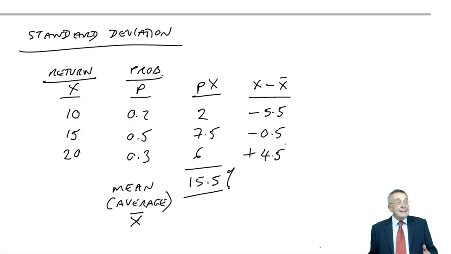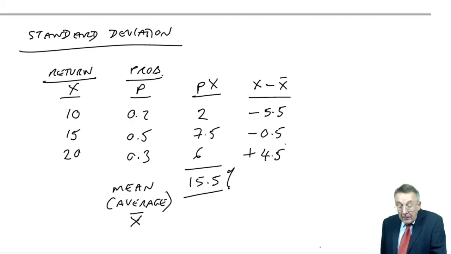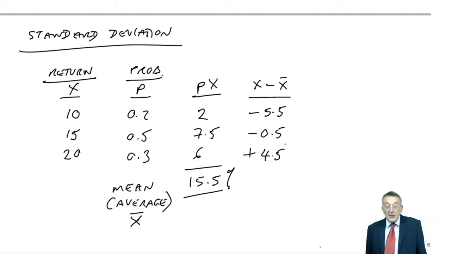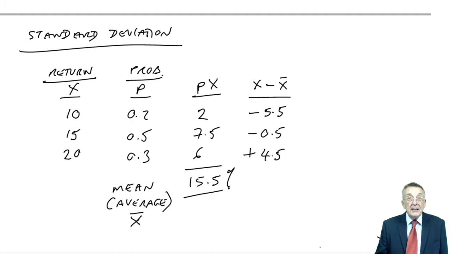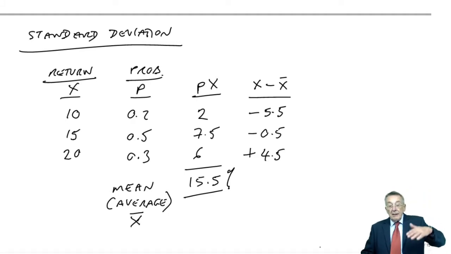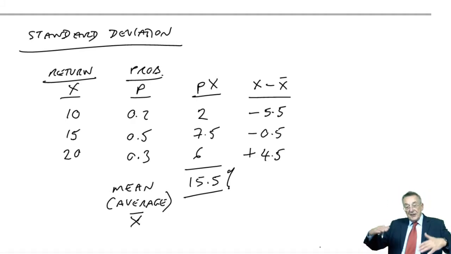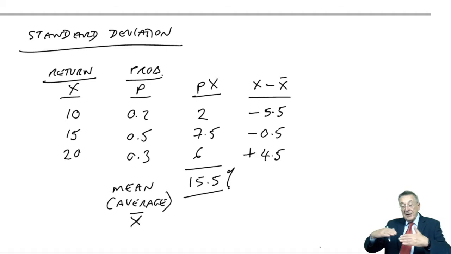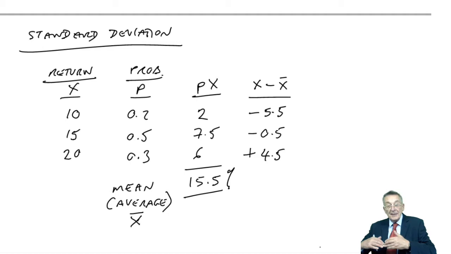Now what we want is the average spread, the average difference. The only problem is, if you just took an average of those as they stood, multiplied by the probabilities and added up, then because you've got minuses and pluses, you'd end up with an average of 0. Try it if you don't believe me.